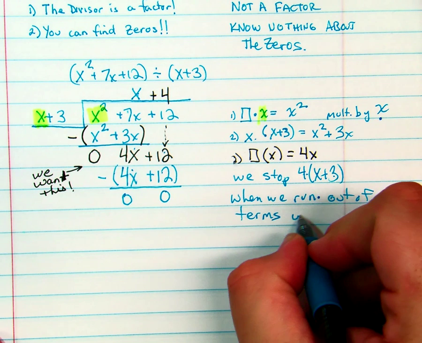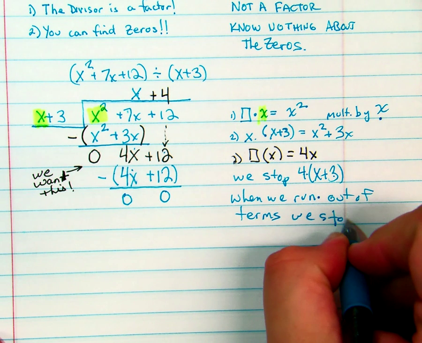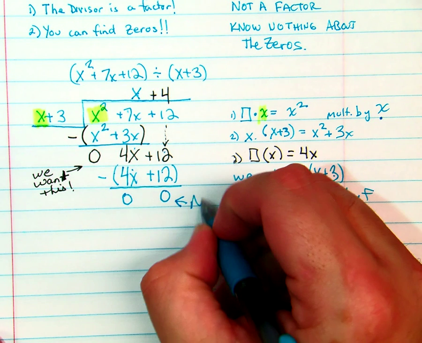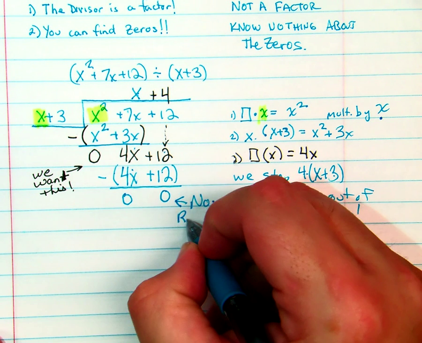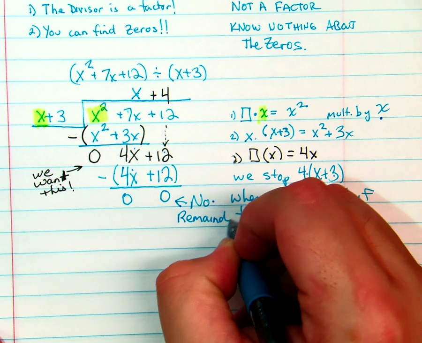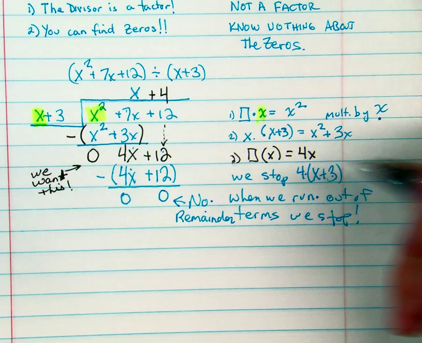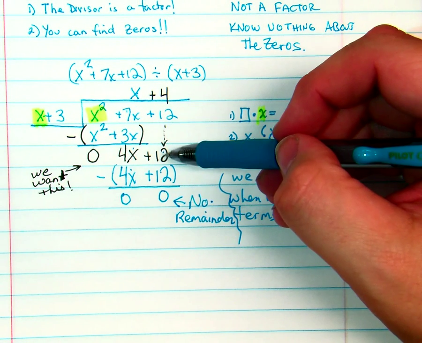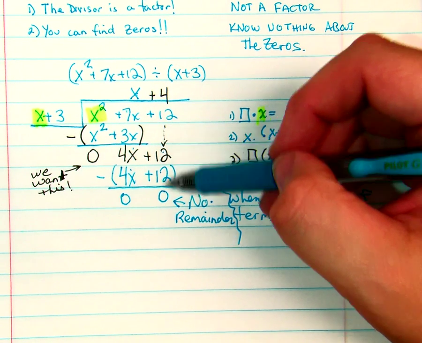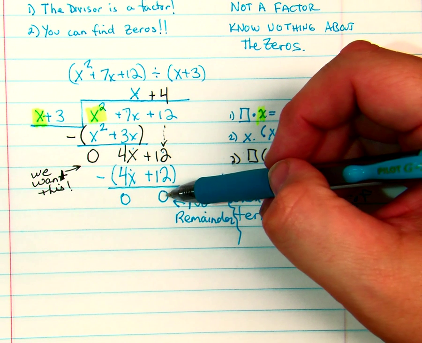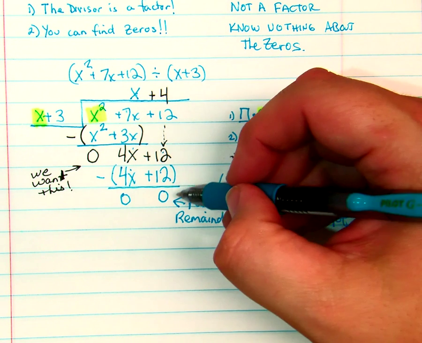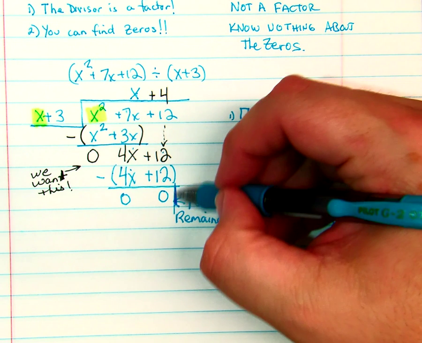So I'm stopping here, and that 0 means there's no remainder. You know you're done when you get to that 12 and you bring the 12 down. And whether or not I got a number here or I got a 0 here, you're done. So you're always going to be done here. It just so happens that we ended up with a 0, which gave us no remainder.